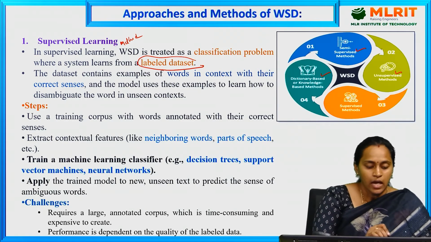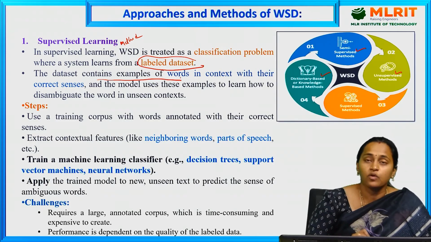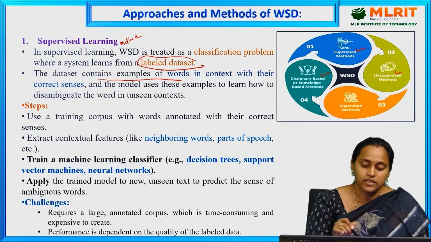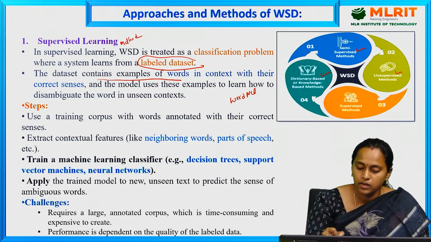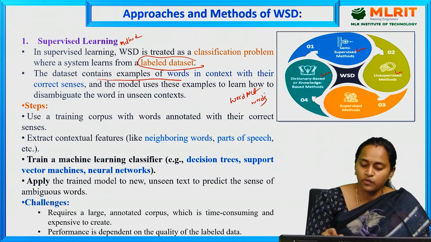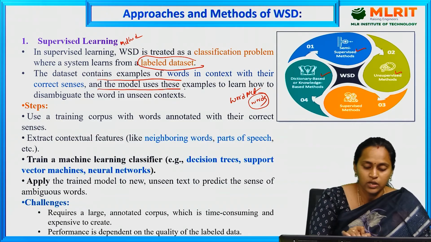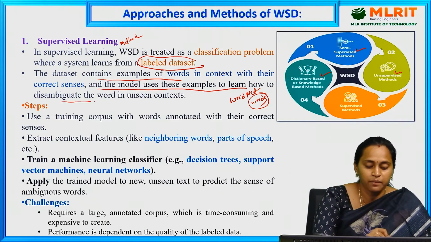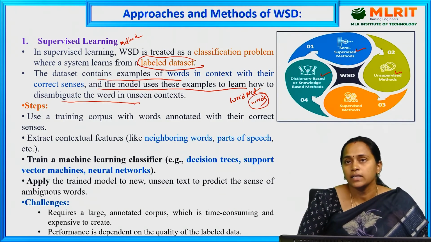That means the data set contains examples of words in a context with their correct sense, for example WordNet. WordNet contains different words. By using words in our sentences, the model uses these examples to learn how to disambiguate the word in an unseen context.